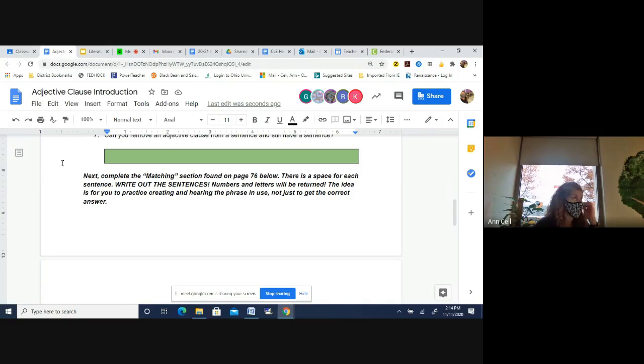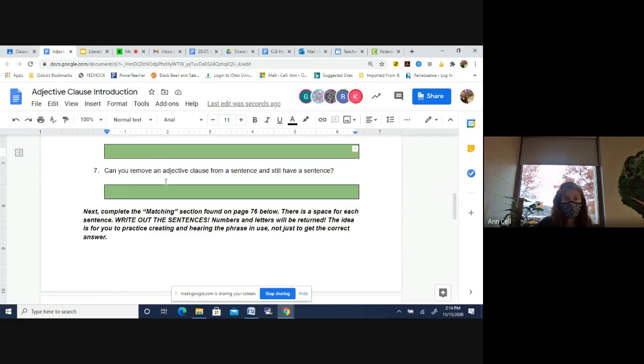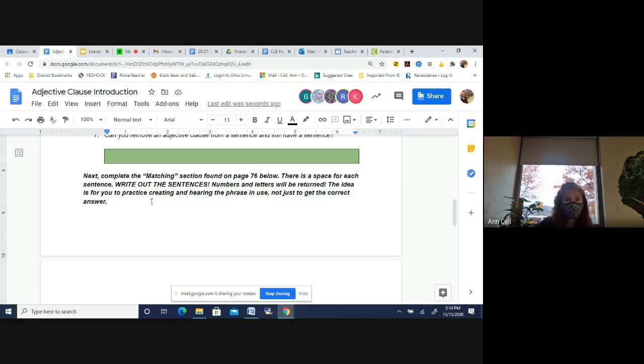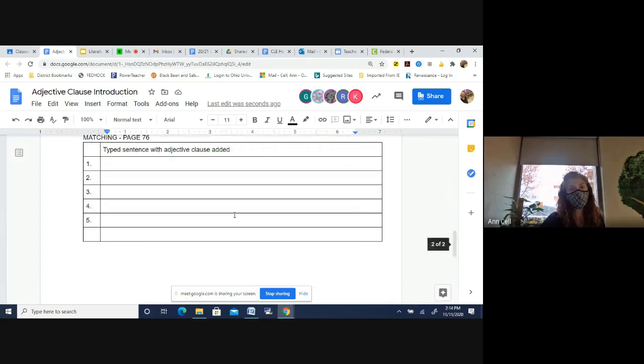This is true for all dependent clauses because we know there's still an independent clause that's attached to that dependent clause. All right, fill out number 6 and number 7. Once you've done that, flip over to the next page.